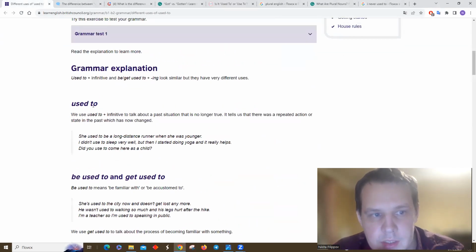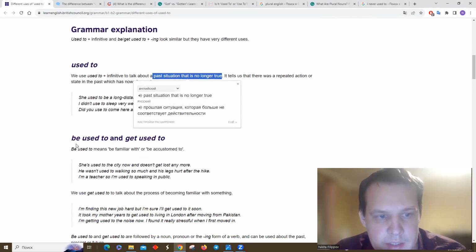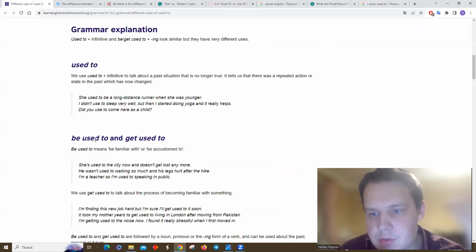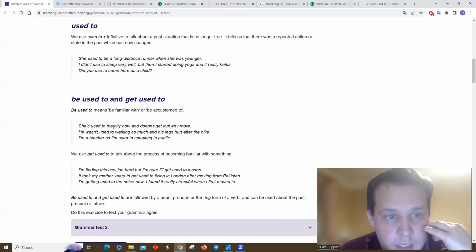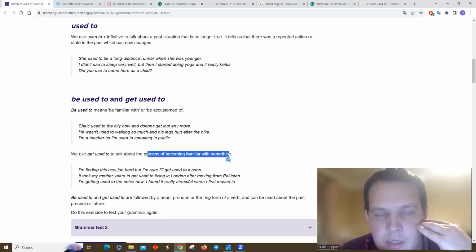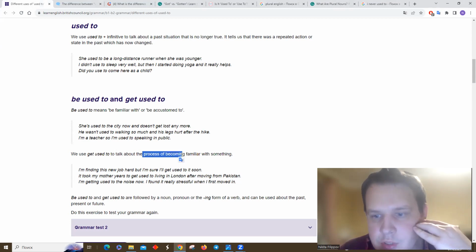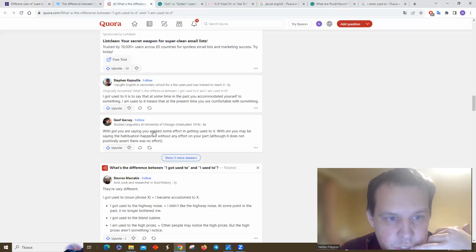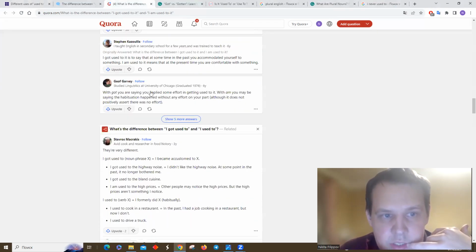This one is used only for past situations that are no longer true, and this can be used for all tenses, including continuous or perfect tenses. And the difference between these two is that the second one is more about the process of becoming familiar with something, more about the effort. For example, as I showed you here, with "get," you're applying some effort. Without this, no effort, right?